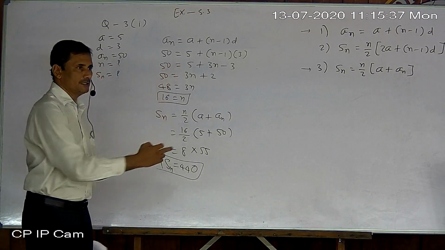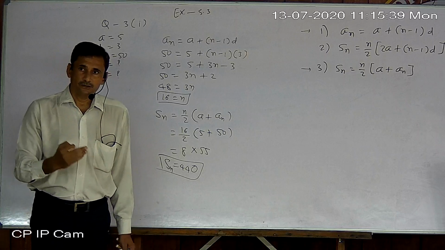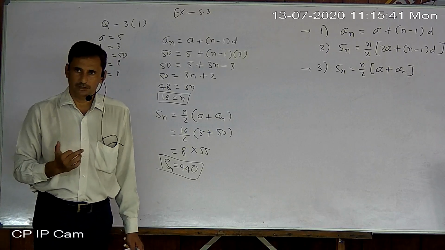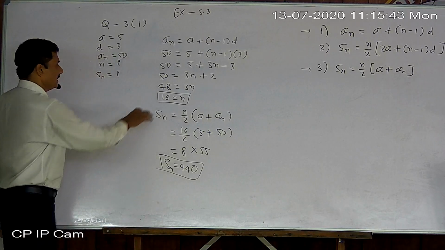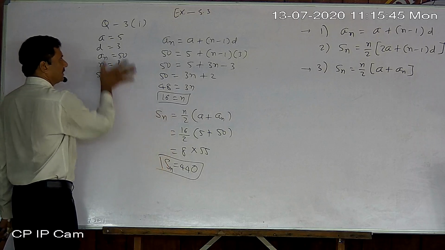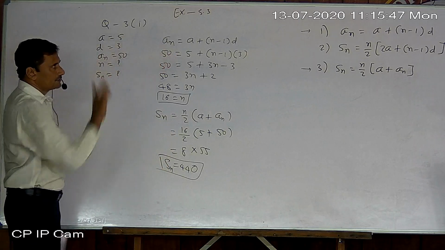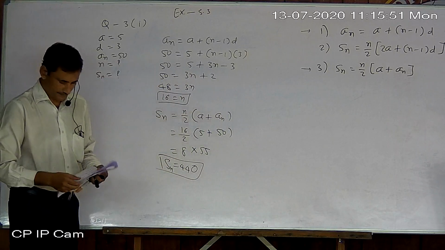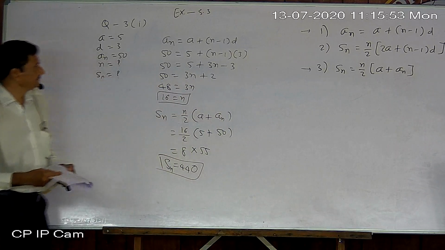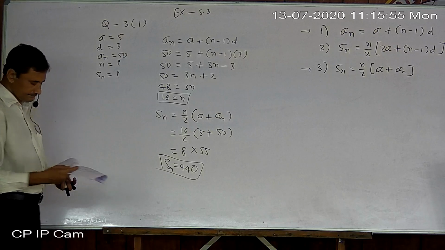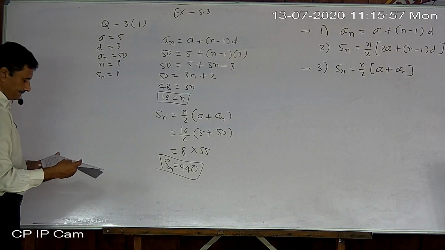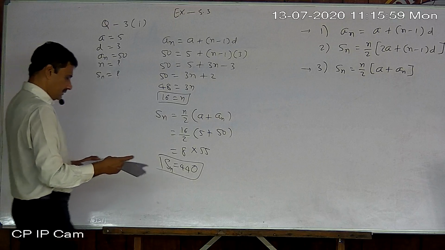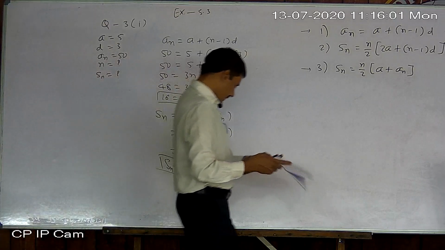After deciding at the start which formula is applicable, only then can you find the next one. So these three formulas should be in front of you. Now look at the second one: a is given, a13 is given, find d and S15.